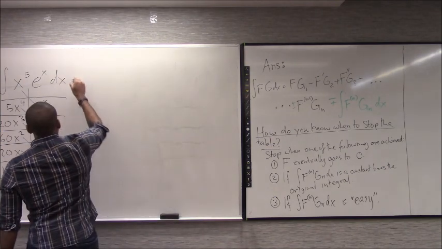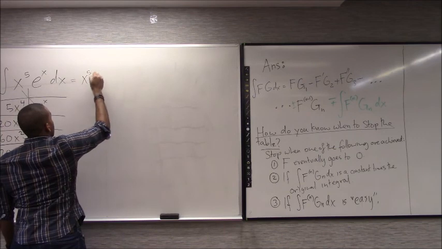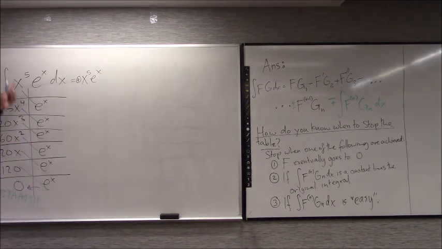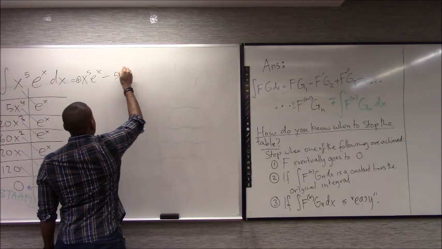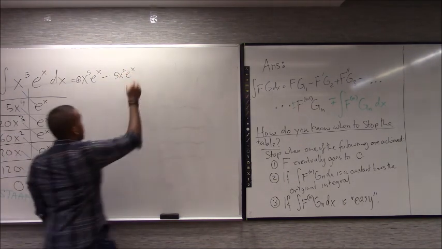So this is going to be equal to this times this with a plus sign. Right? So that's this one. Then this times this with a minus sign. This times this with a plus sign.